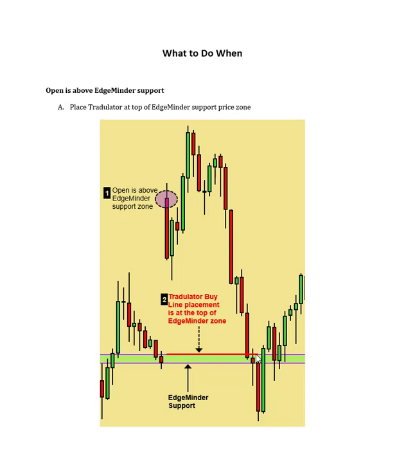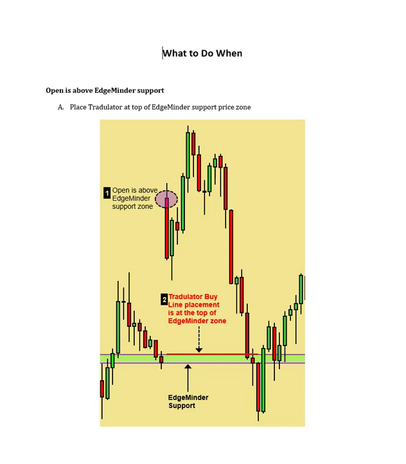And so you'd select at the top edge of EdgeMinder support zone and then just go up and click the long button so that it's green, and that will engage Tradulator so that if and when the market trades lower, as we can see in this example, if the market does sell off and land at or below EdgeMinder's support, Tradulator will then be in a position to potentially send orders to execute a trade if the conditions are there.